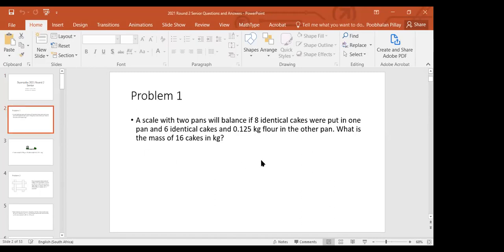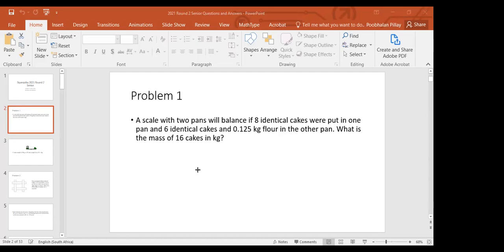Okay, so the first problem is: a scale with 2 pans will balance if 8 identical cakes are put on one side and 6 identical cakes on the other side, along with 0.0125 kgs of flour on the other pan. So the question is now, what is the mass of all the 16 cakes?